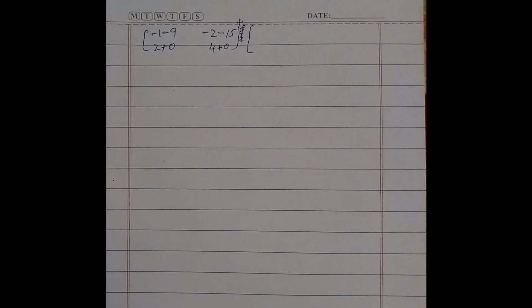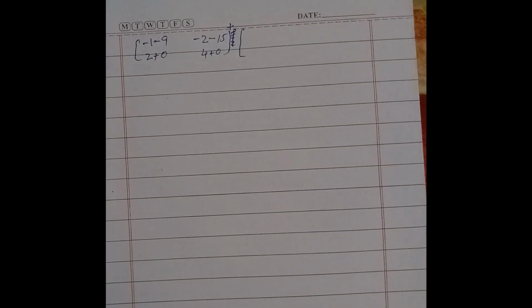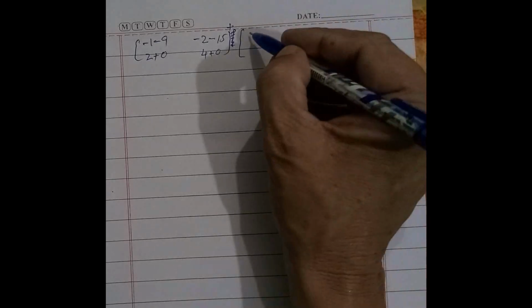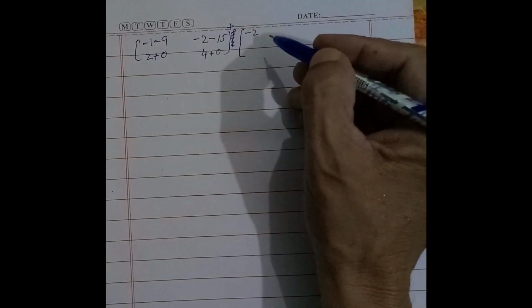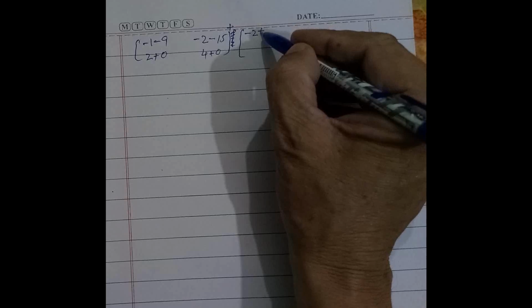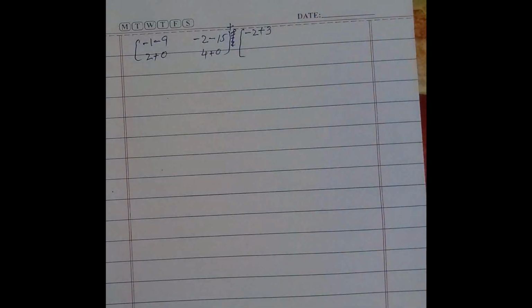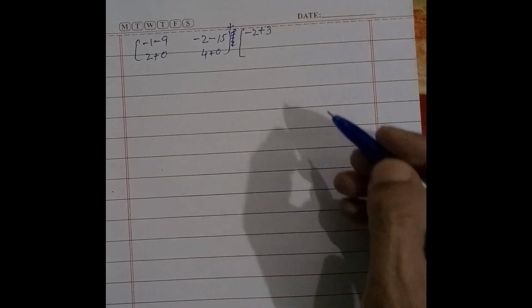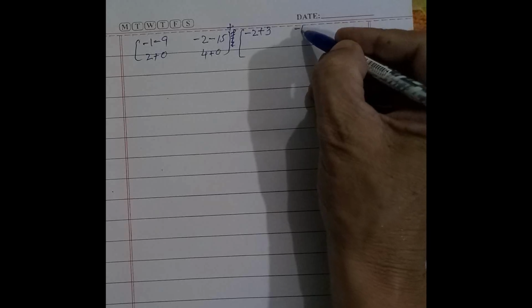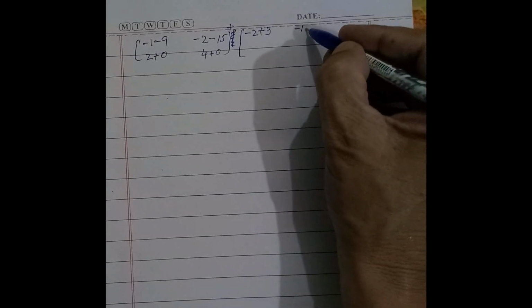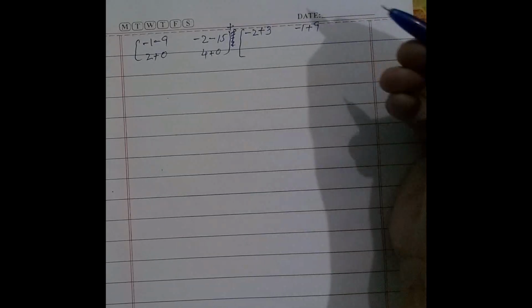And we multiply the matrices A into C. We get first row with the first column is -1 multiplied by 2 is equal to -2. 3 multiplied by -1 is equal to +3. Sorry. First row with the second column is 1 multiplied by -1 is equal to -1. 3 multiplied by 3 is equal to +9.